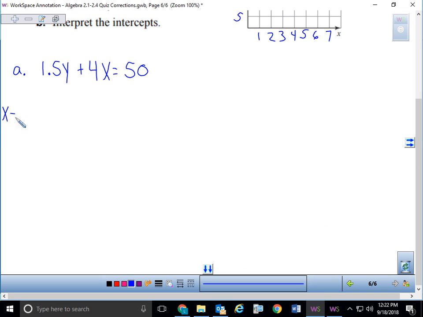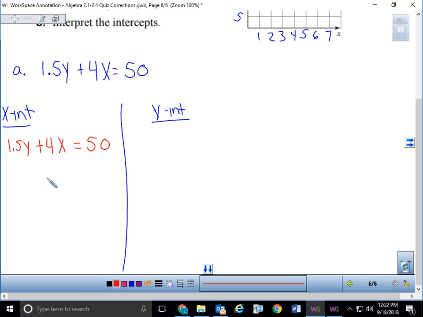I have a little column here for my x-intercept, and then I have a column for my y-intercept. To find my x-intercept, I plug in 0 for my y here. So I'm going to start the equation: 1.5y plus 4x equals 50. Plugging in 0 for y, because I'm finding the x, I have 1.5 times 0 plus 4x equals 50.